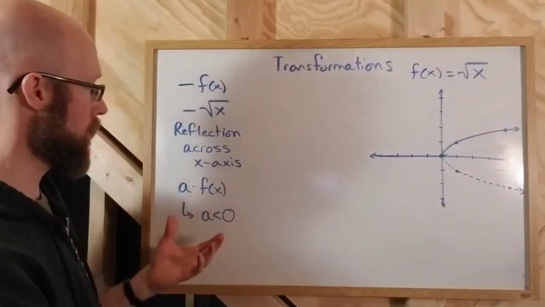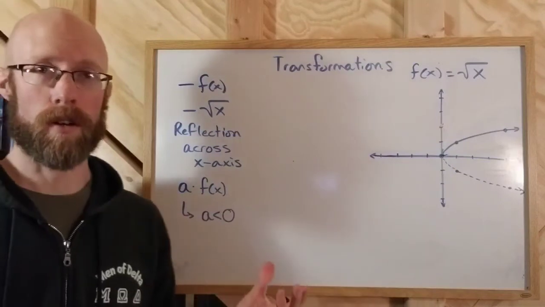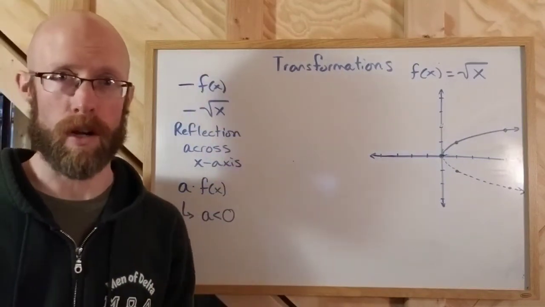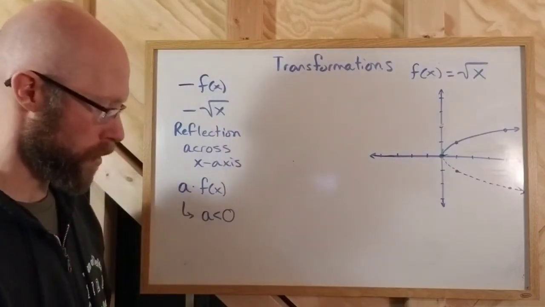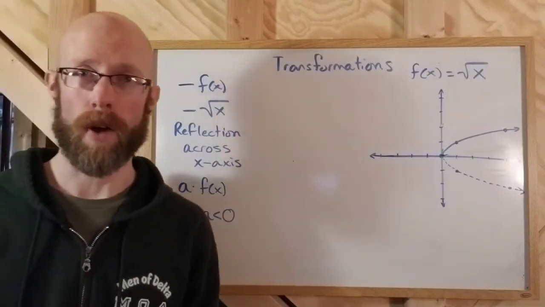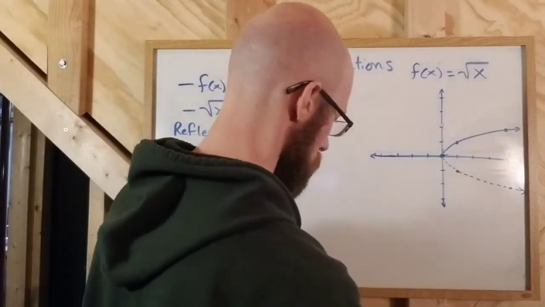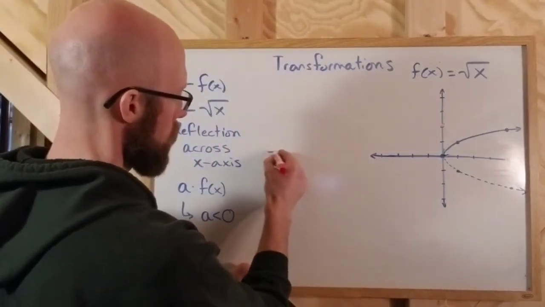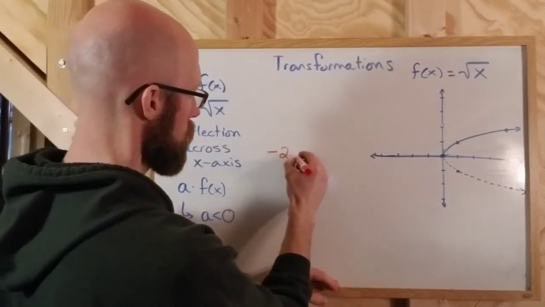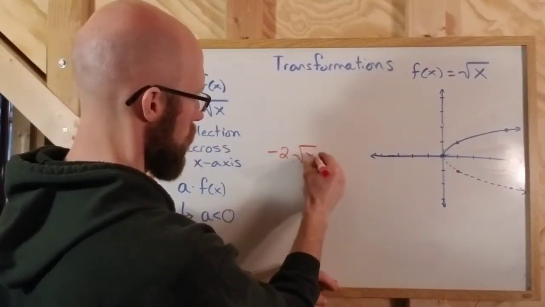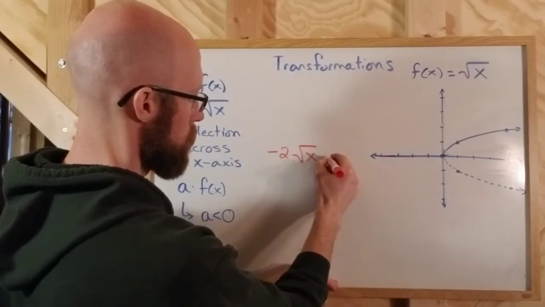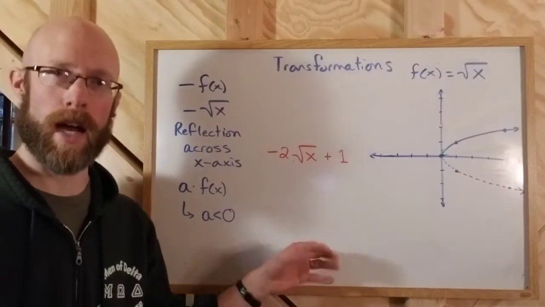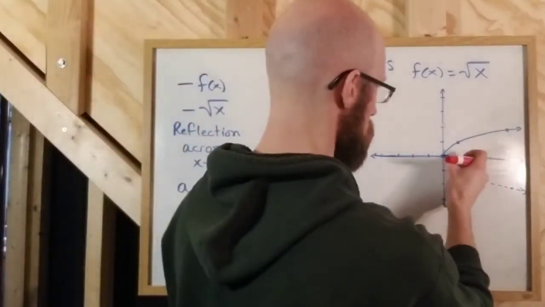You can even combine both the vertical shifts with the vertical compression, reflections, compression stuff. And you could put them all really into the same graph, or into the same function. So for instance, if you wanted to do negative 2 square root of x plus 1, this would be an example of a combination of multiple transformations.